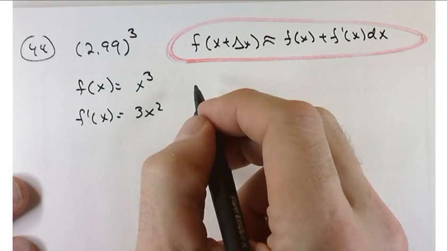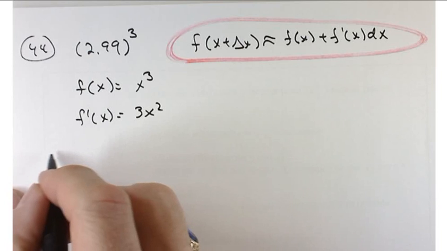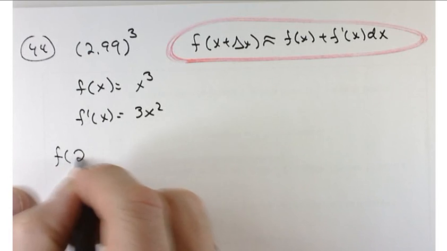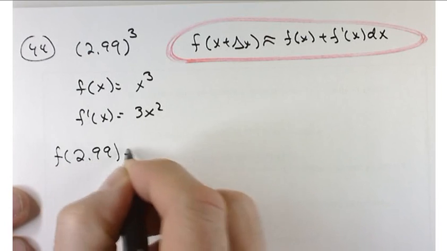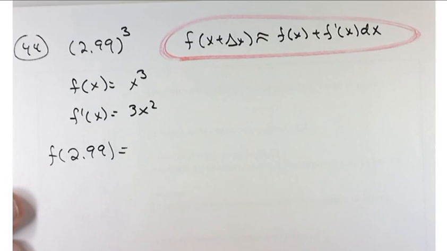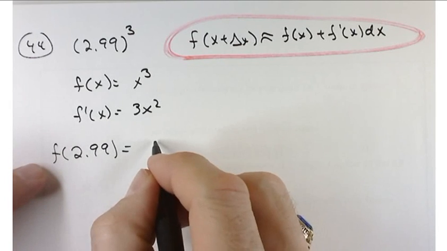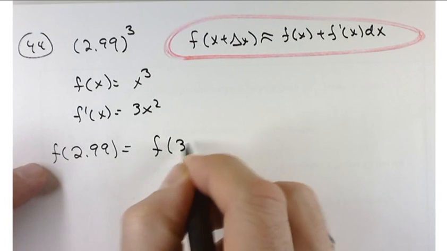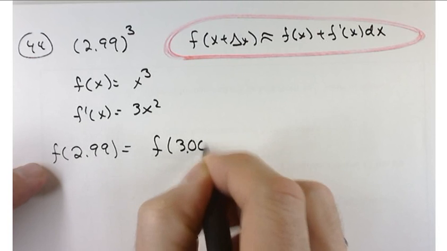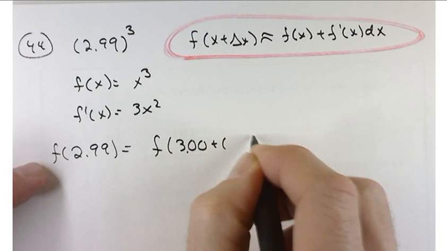Let's take a look at what we've got. We want f of 2.99. Now 2.99 is really close to a nice convenient point. F of 2.99 is really f of 3.00 plus what number?